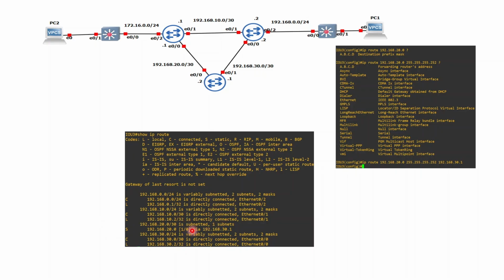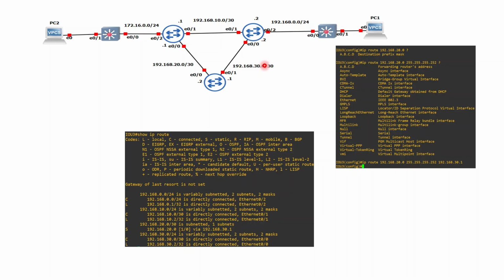From the previous output, if you remember, we did not have this flag of S. We only had C and L, but we didn't have this flag of S. After we taught our router how to reach the network 192.168.20.0/30, this address has been added to its routing table via the flag S, which means it was learned by this router through a static route, where we did the static route configuration.